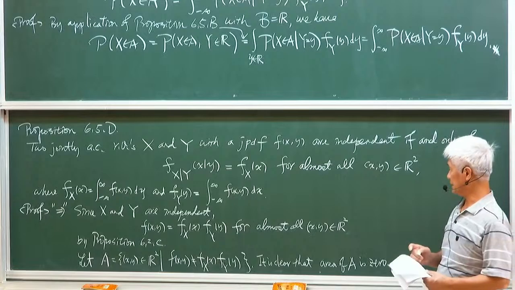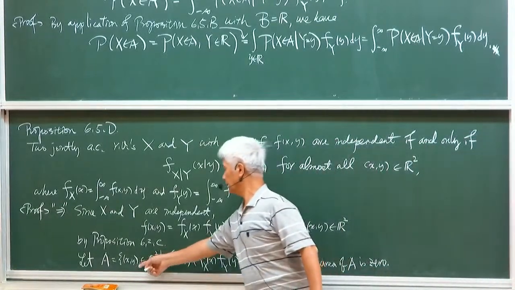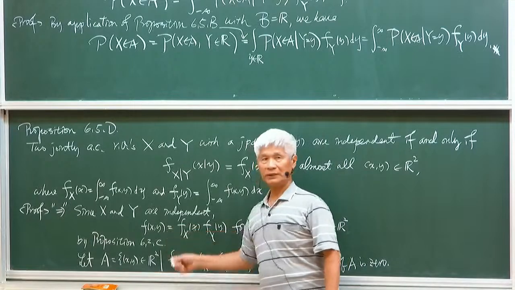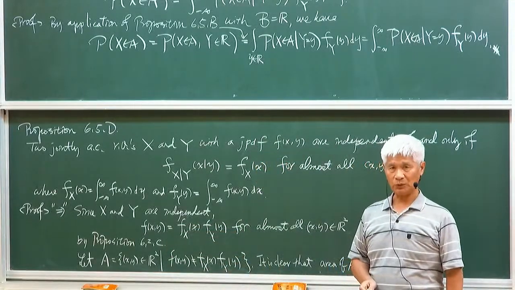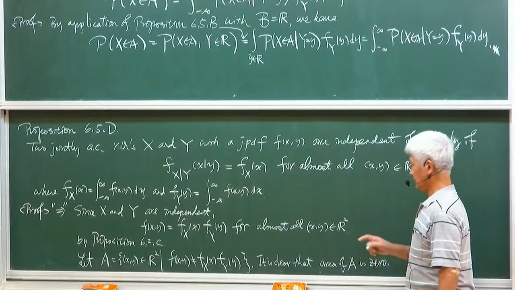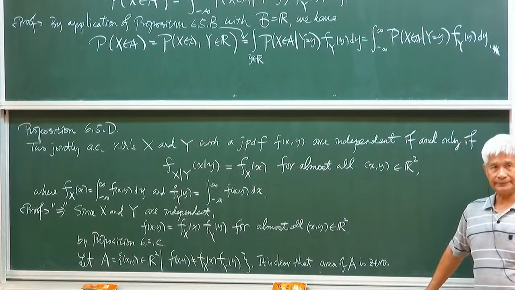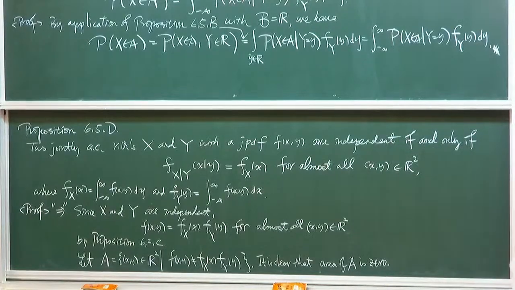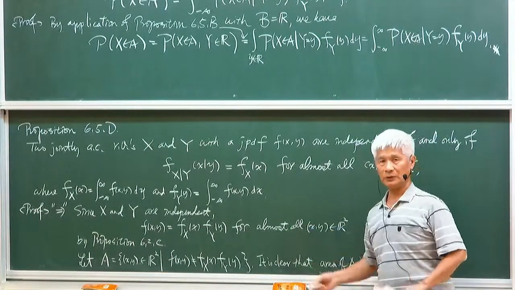The meaning is that we collect all points such that the equality does not hold, and this set has area 0. Any questions about that? This is just the meaning of almost all.